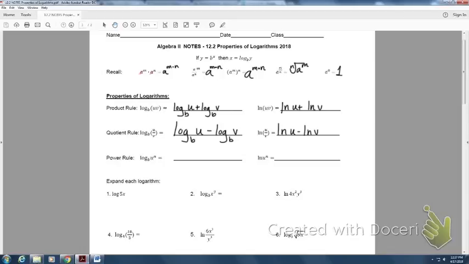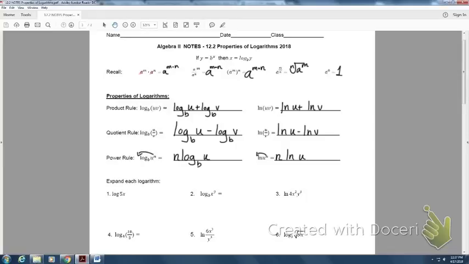So if I've got that, then I can have n log base b of u. Over here I can have n natural log of u. I've just moved that exponent to the front.